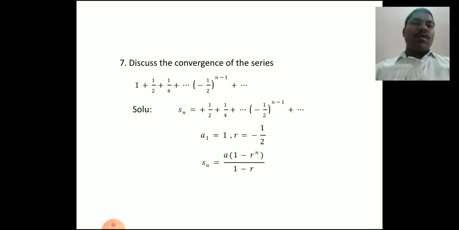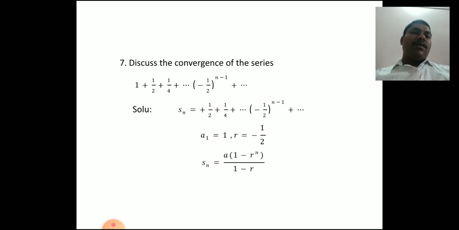And the seventh problem is discuss the convergence of the series 1 plus 1/2 plus 1/4 plus up to (-1/2)^(n-1). So here Sn is equal to 1 plus half plus 1/4 up to (-1/2)^(n-1).